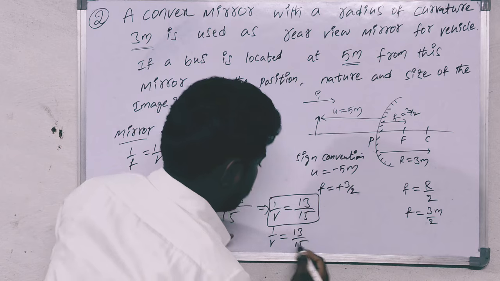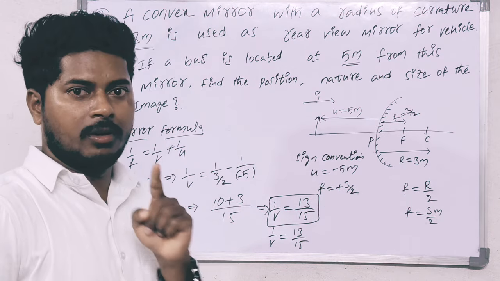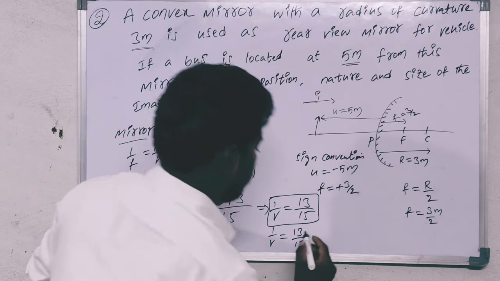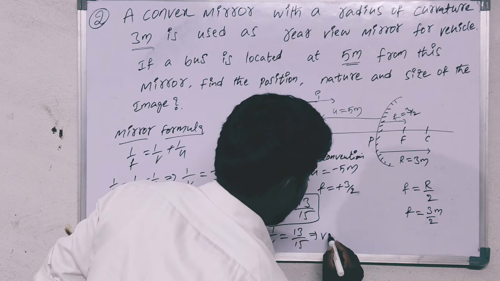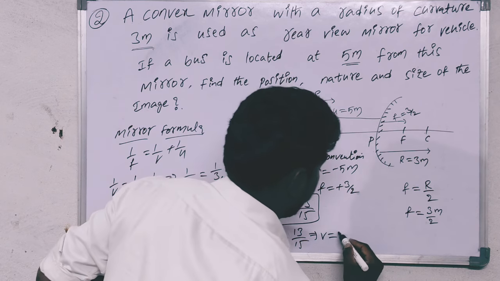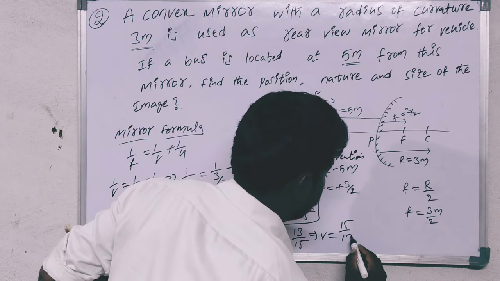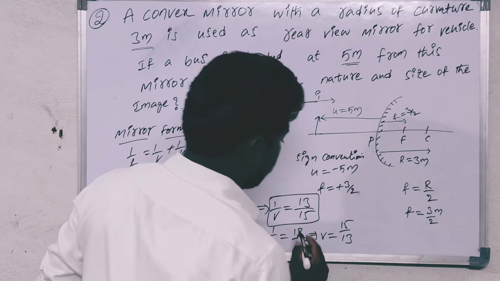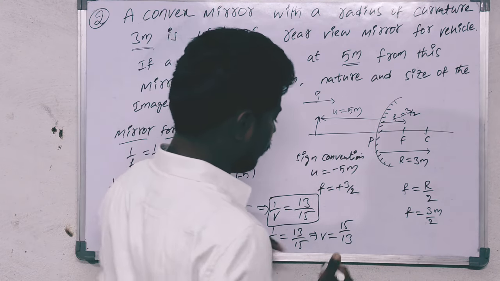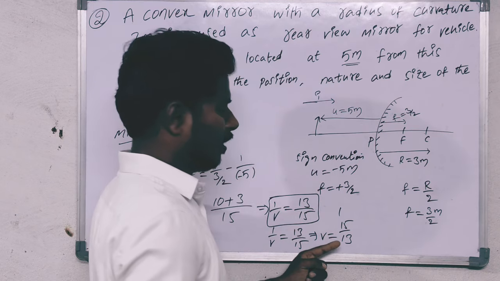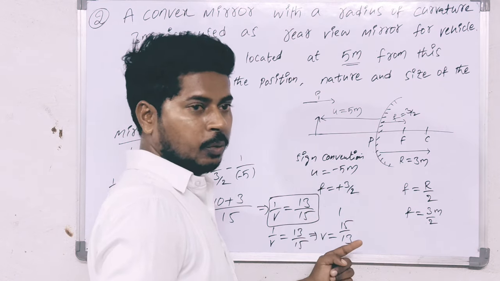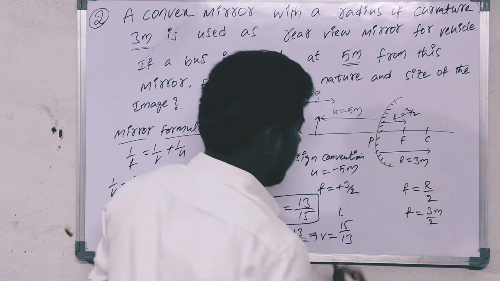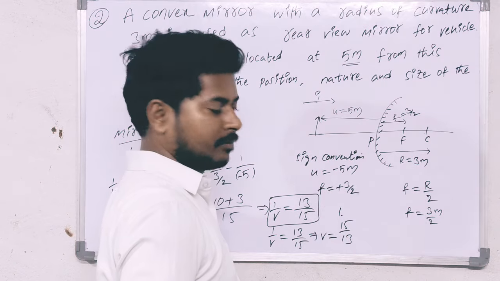But we need the distance of the image. V equals 15 by 13. Dividing 15 by 13: 13 ones are 13, remains 2. Take a decimal, it becomes 20.